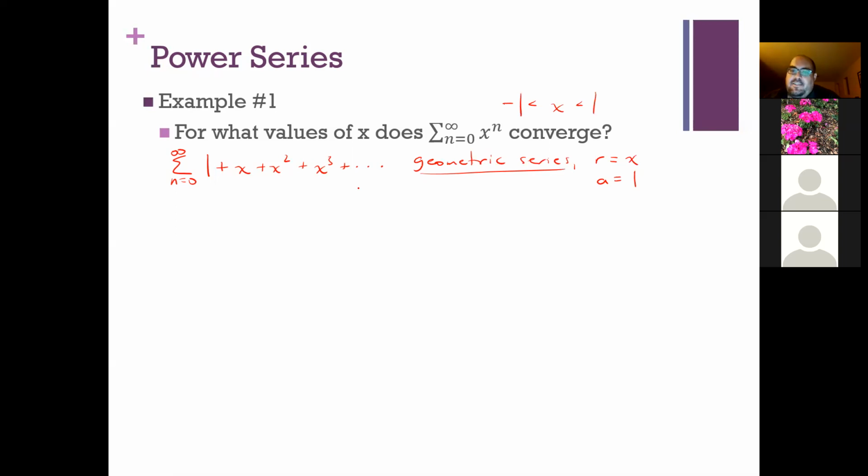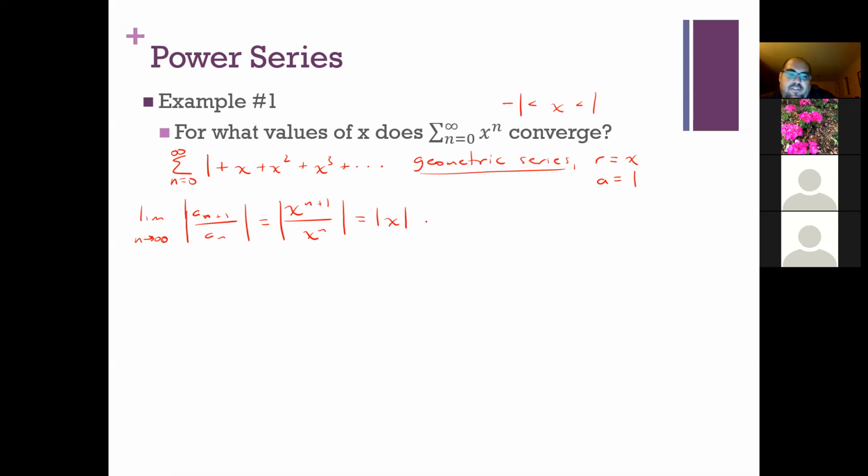So that's the answer we're shooting for, but let's say we're looking at a power series that isn't this simple, and isn't as quick to figure out. So let's look at the ratio test. The limit as n approaches infinity of the ratio, absolute value of a sub n plus 1 over a sub n. That'll give us x to the n plus 1 over x to the n, which really just comes out to be the absolute value of x.